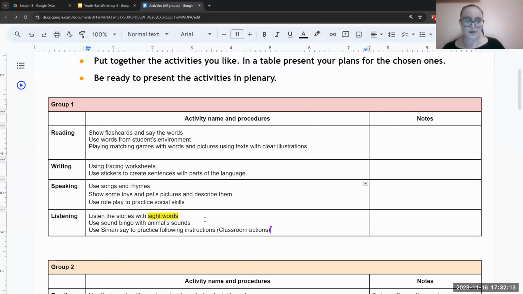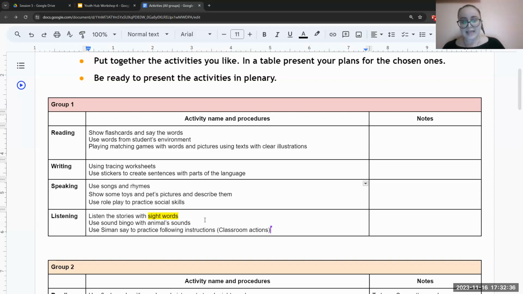Use sound bingo with animal sounds. Yes, sound bingo. We turn on the audio with sounds, and the children must say who it is, and then show the picture and put them in the game.